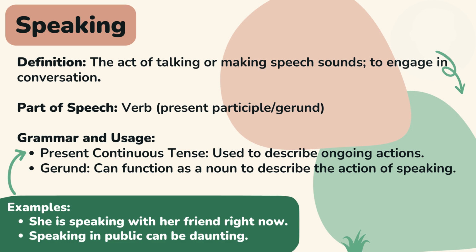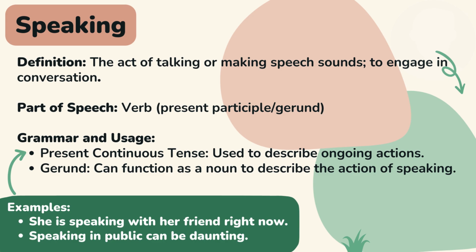So all we have to do is add an ing to the word. Now, things to keep in mind are we use speaking in continuous tense or to indicate an action that's ongoing. And as a gerund, it can be used as a subject or the object of a sentence. For example, she is speaking with her friend right now.